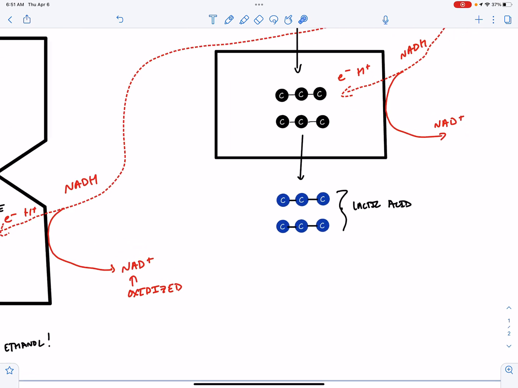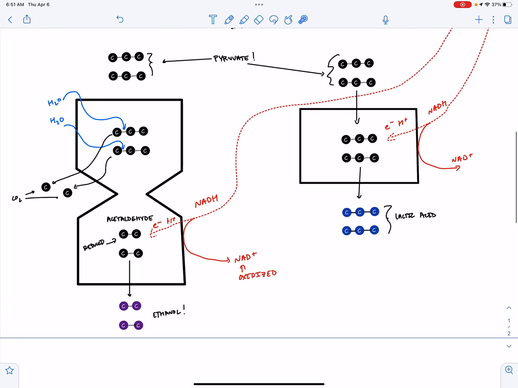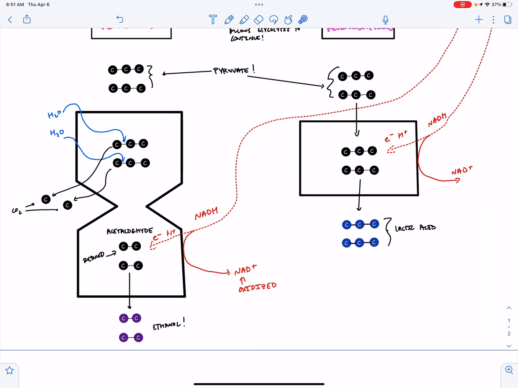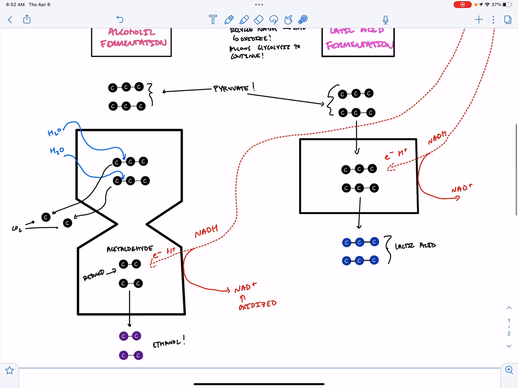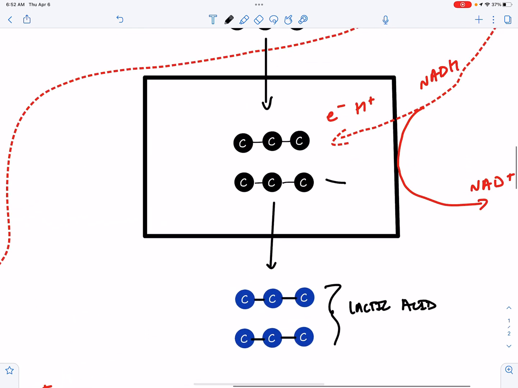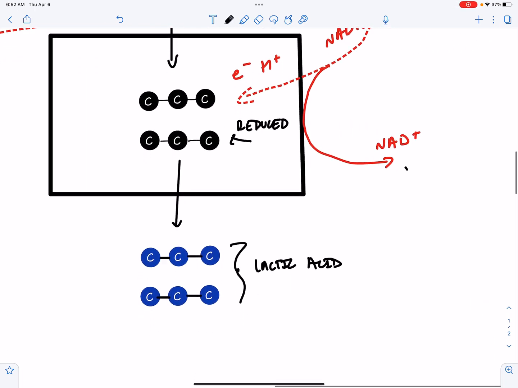That is because this lactic acid that is produced at the end of lactic acid fermentation is a weak acid. So once again, this compound is reduced, and our NAD+ is oxidized.